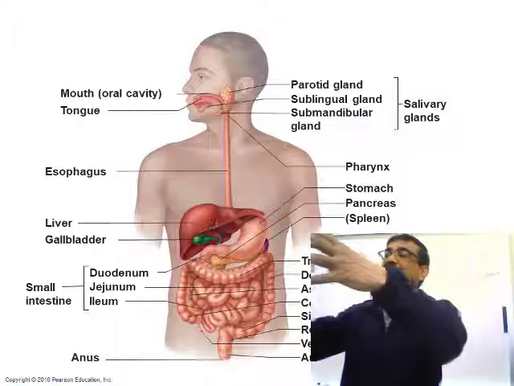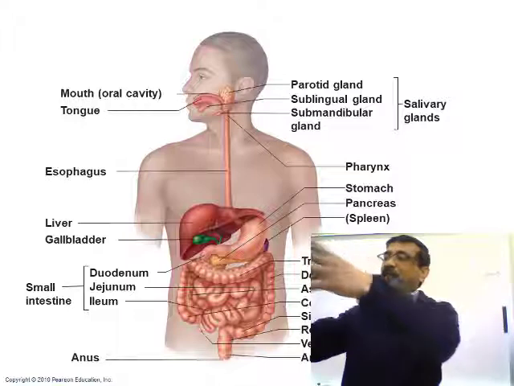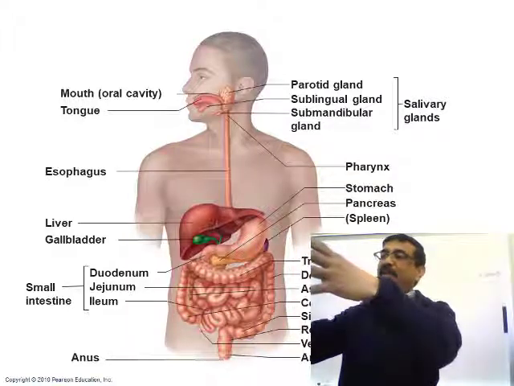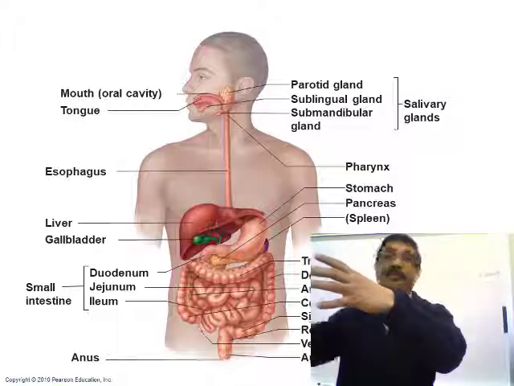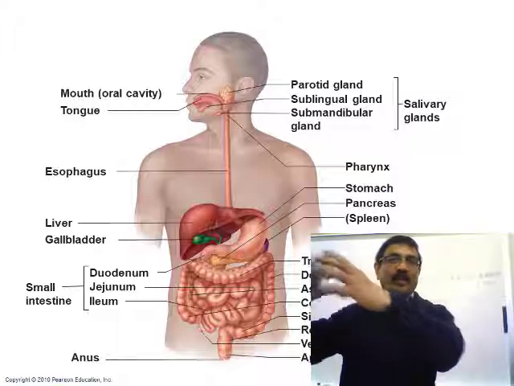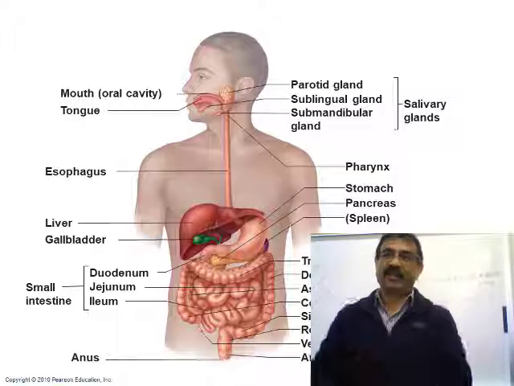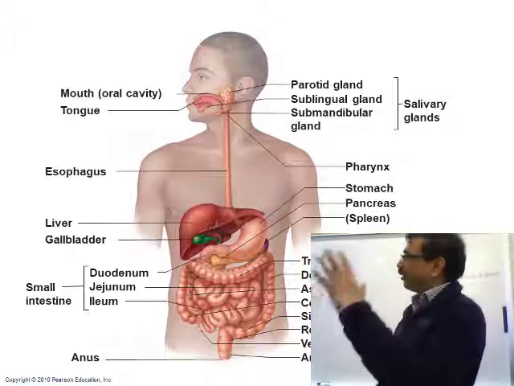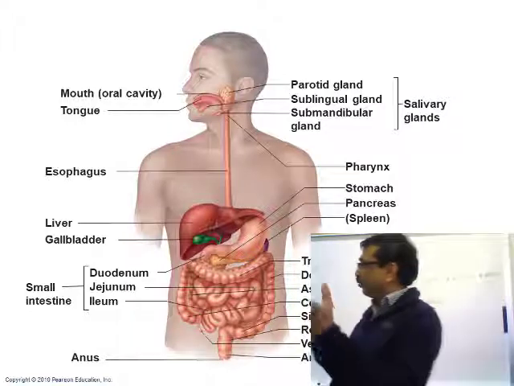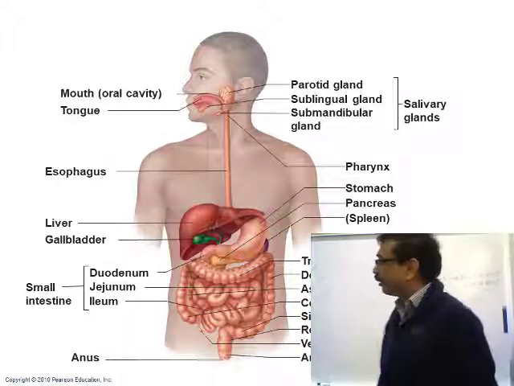The stomach is a very wide, expanded part of the tube. Then it gets narrow again and forms the small intestine, right? And then wider, large intestine. It is a continuous tube, but in some places it's narrow, in some places wider.